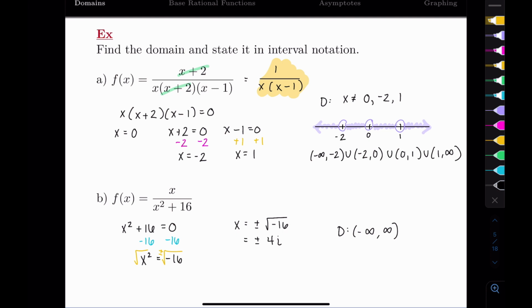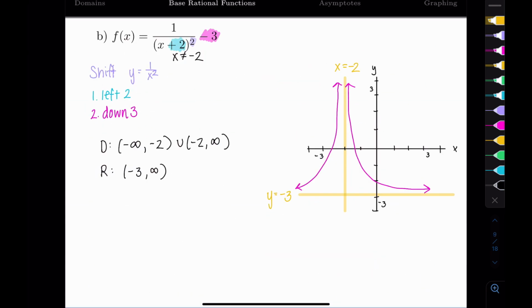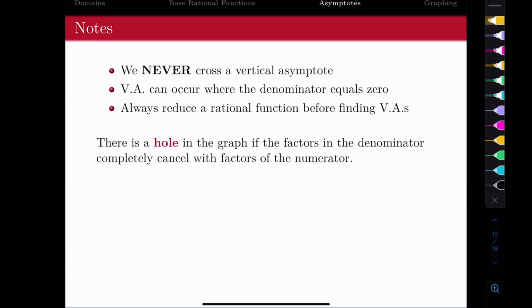So in the case of this happening, there would be no vertical asymptote at x equals -2. Instead, it's what we call a hole in the graph. So there's a hole in the graph if the factors in the denominator end up completely canceling with the factors of the numerator. So when you find the domain, you have to work with the expression that's given to you. When you go to find the vertical asymptotes, you want to use the simplified expression.